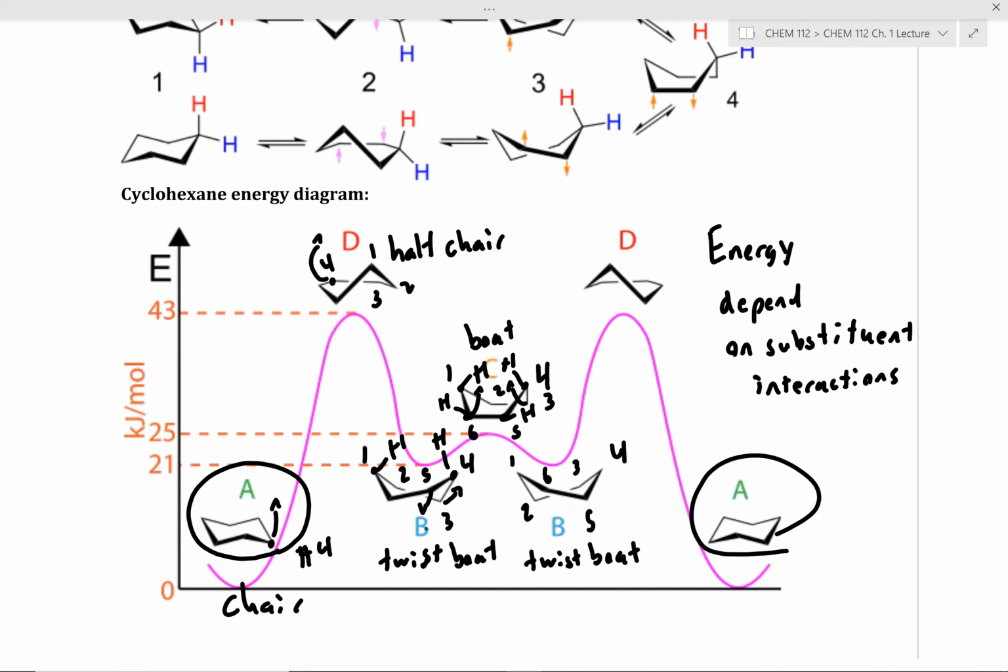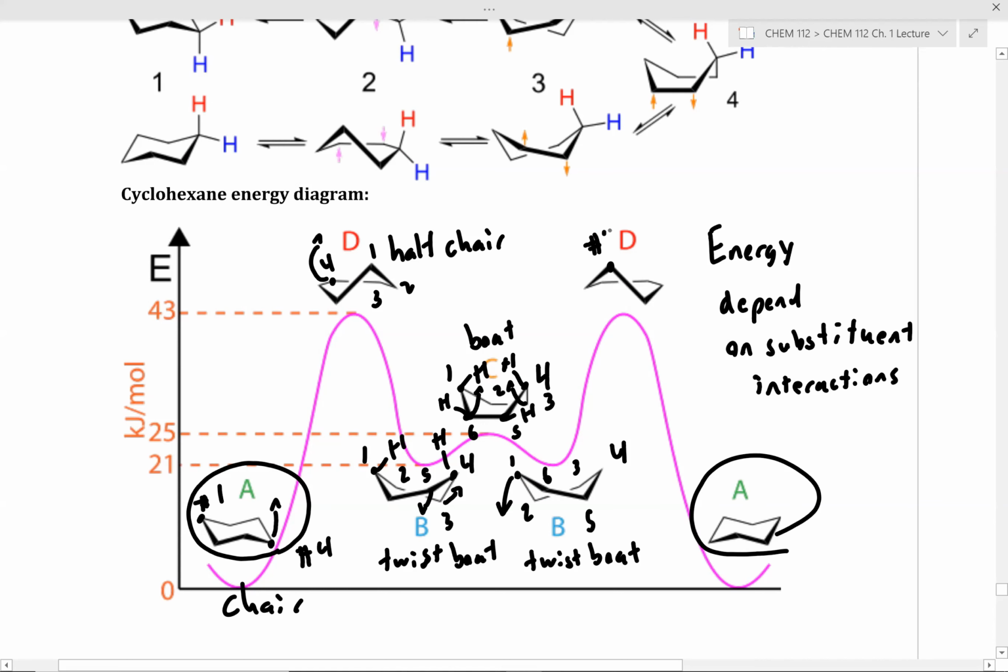Okay, so continuing on with our conformational analysis and continuing on with completing our ring flip. To access our next half chair, we are going to bring carbon number 1 down.